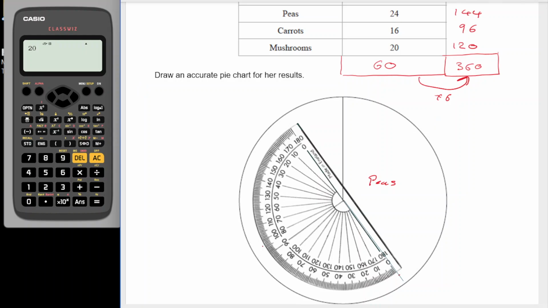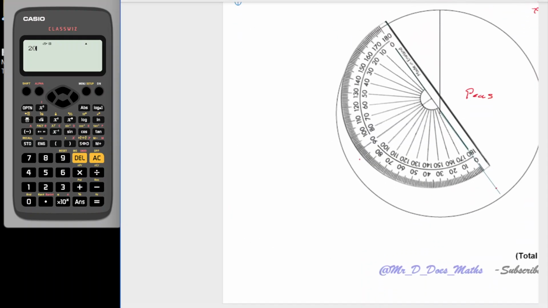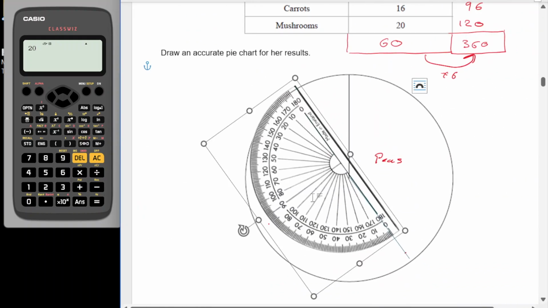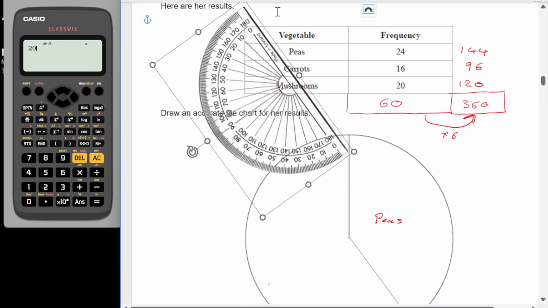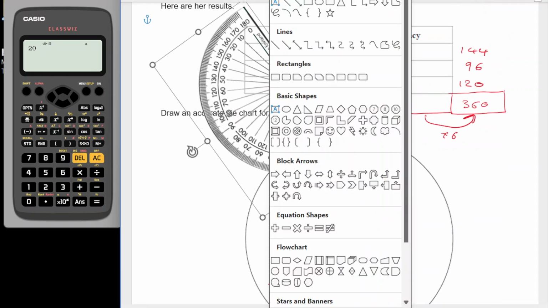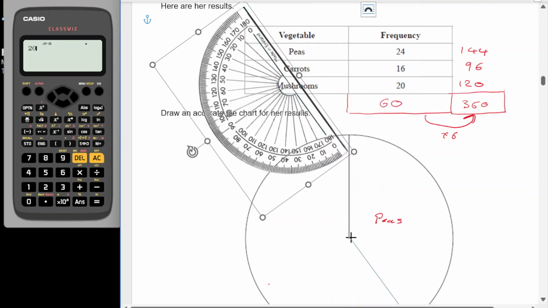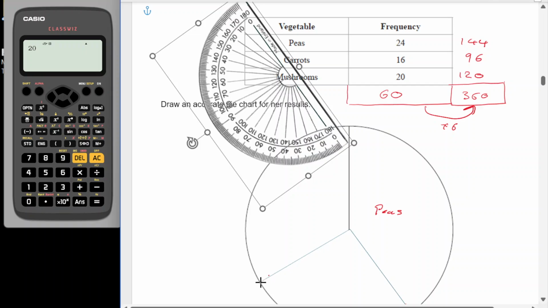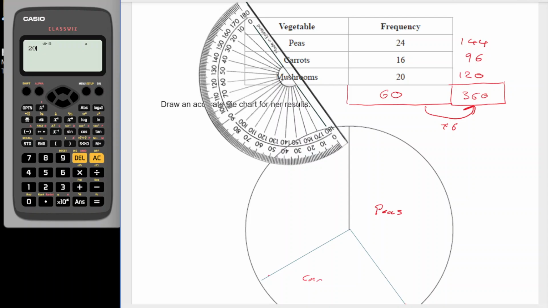Put a little dot, and then we can take the protractor off. And a straight line through the center and through that dot. There we go. And then that gives me my other two sections of carrots and mushrooms.